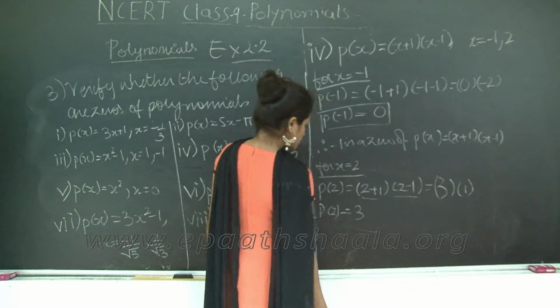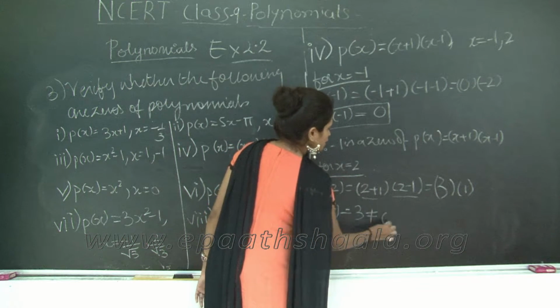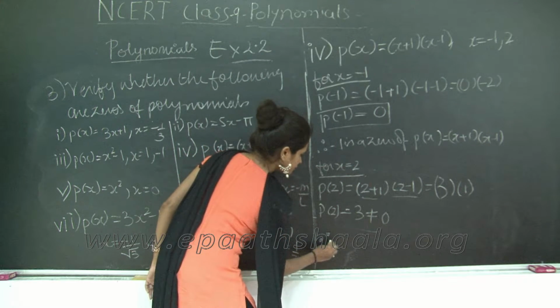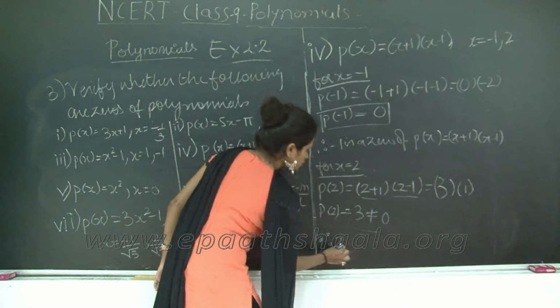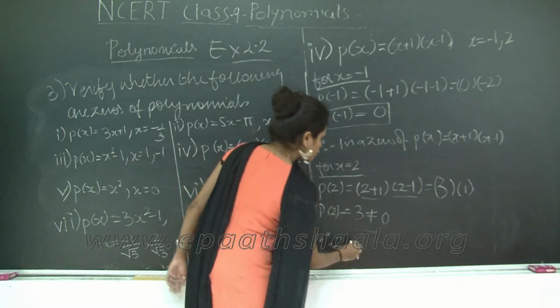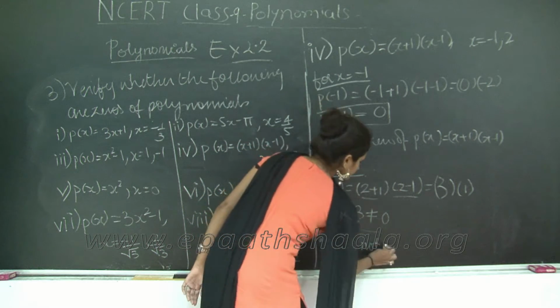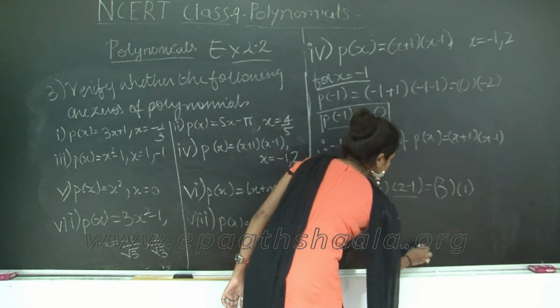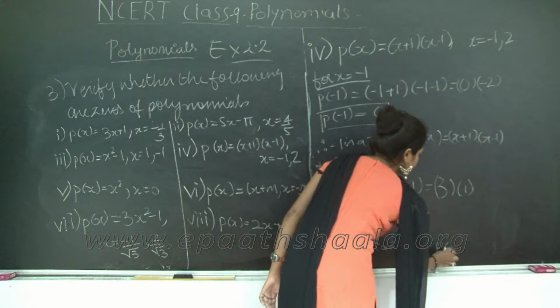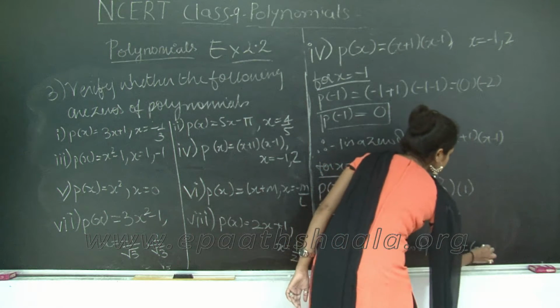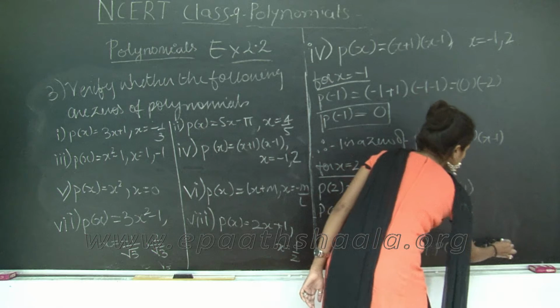So p(2) is equal to 3, which is not equal to 0. I am sorry, 3 is the answer, 2 is not the zero of polynomial p(x) given by (x + 1)(x - 1).